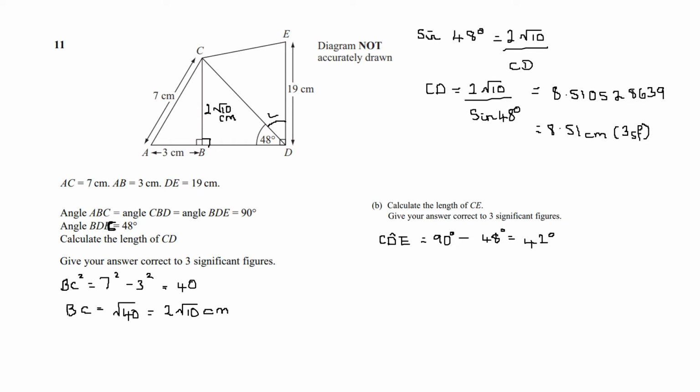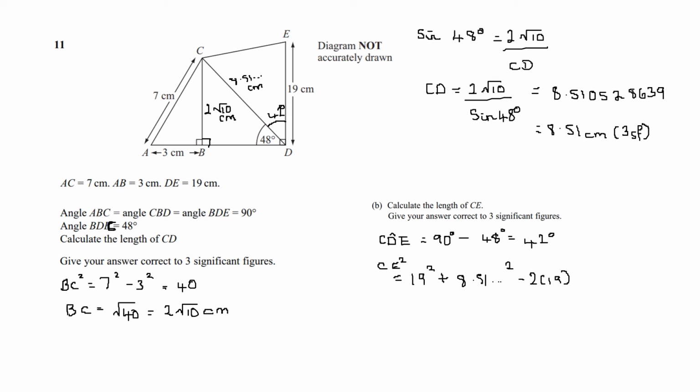And now we've got enough information, because we also know the length of CD, to use the cosine rule to find CE. So we're going to say that CE squared is equal to 19 squared plus 8.51. Remember to use your full answer from part A for this.